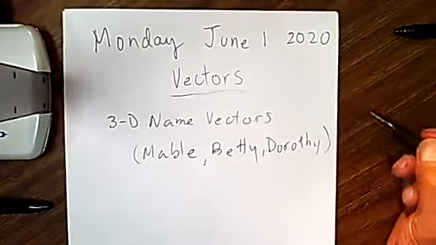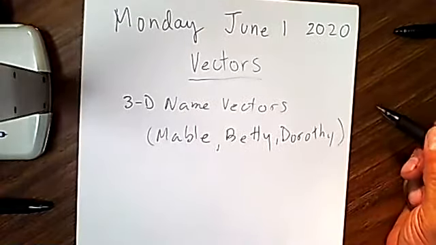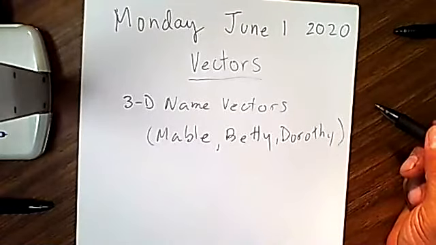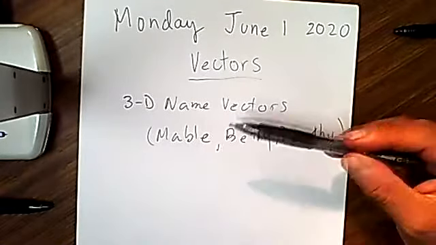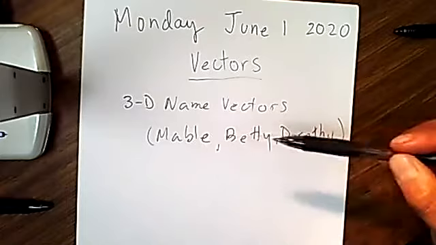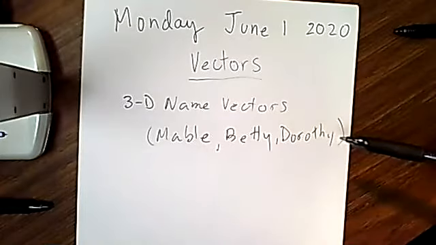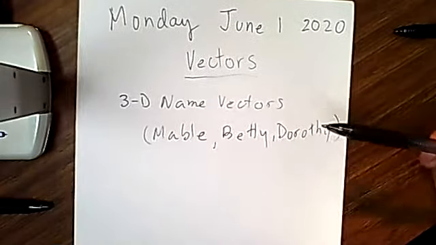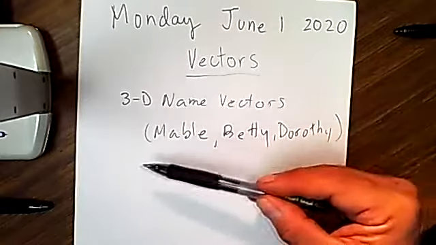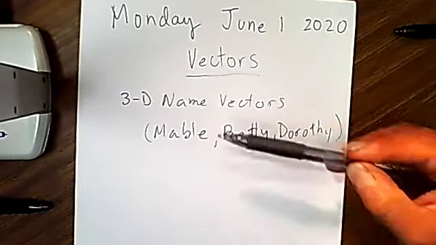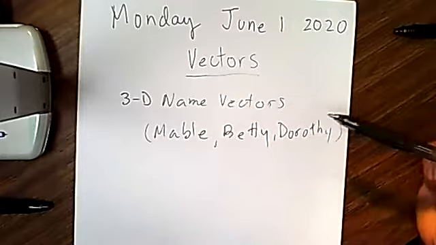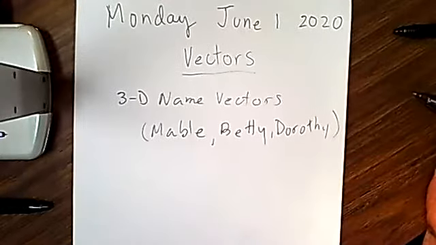Whenever we write a three-dimensional vector, we want to make sure it is clear which one the first name is, the second name, and the third name are. In other words, implicit in this notation, we have that Mabel is first, Betty second, and Dorothy is third.